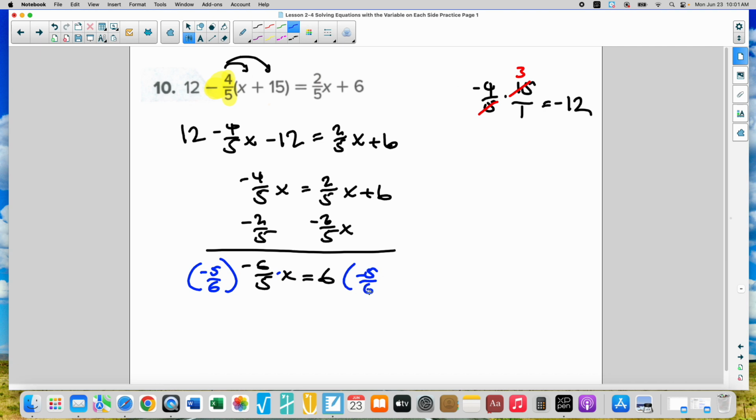So you're going to do that to both sides. These cancel. Any number times its reciprocal equals 1. That leaves us with positive 1. Negative times negative is positive. This 6 in the denominator is going to cancel with the 6 in the numerator, leaving us with negative 5. I again want to reiterate the importance of familiarity.